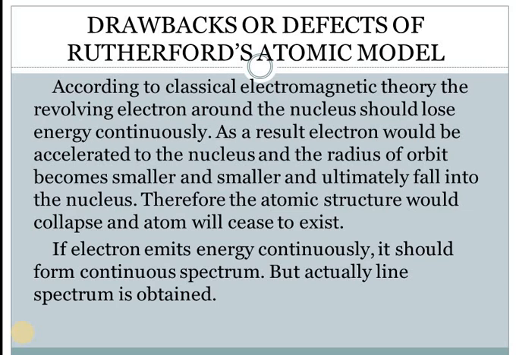So a line spectrum is obtained, not a continuous spectrum. This was one of the most important drawbacks of Rutherford's model. They can ask you in your short questions to explain the defects or shortcomings or drawbacks of Rutherford's atomic model. So you have to write all this.